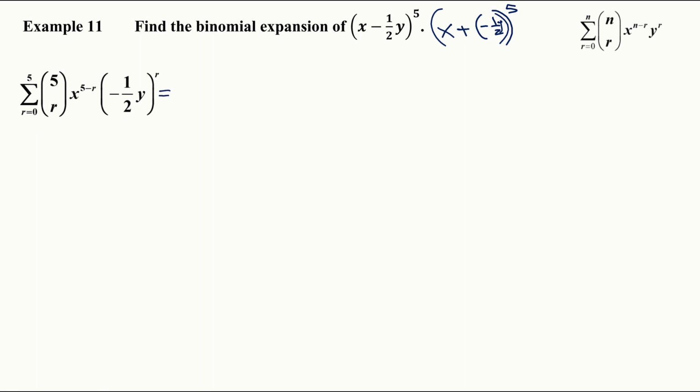So we're starting with r equals 0. So we get 5 choose 0 times x to the power of 5 minus 0 times quantity negative 1/2 y to the power of 0, plus 5 choose 1. Now we're at r equals 1.